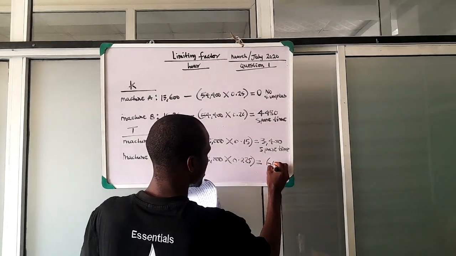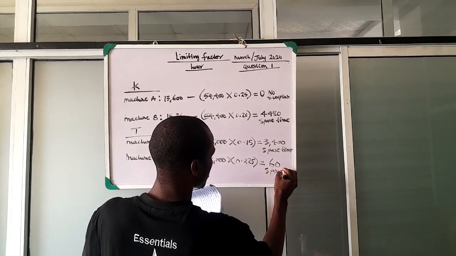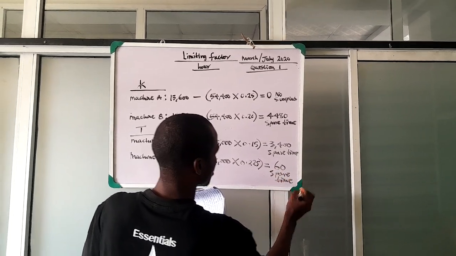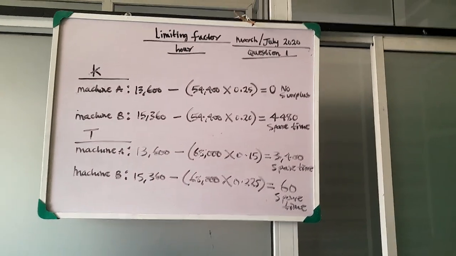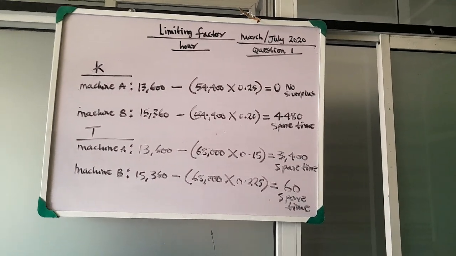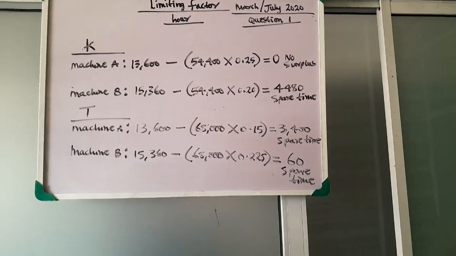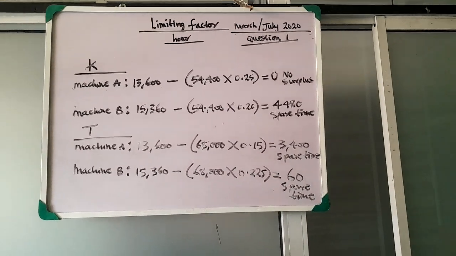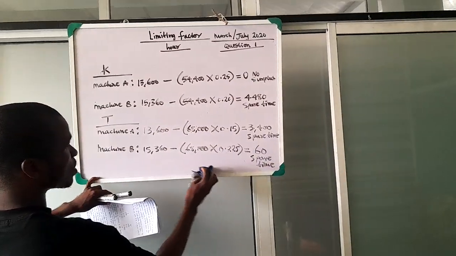So the spare time is 60 hours. So these are the spare time values that we are going to use, the surplus values, because the question clearly stated that they'll be working based on the surplus values. I can wipe this, then proceed to work with these surplus values.